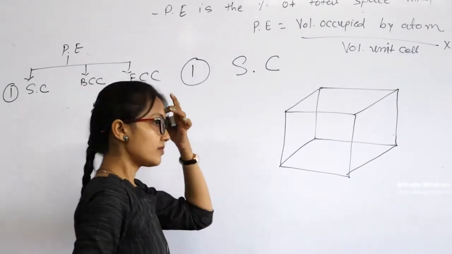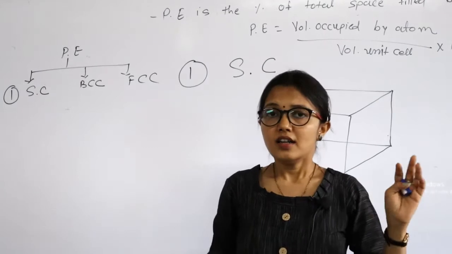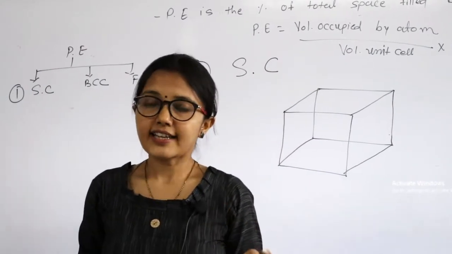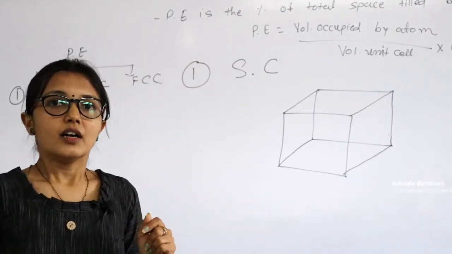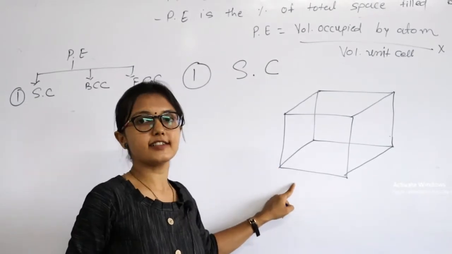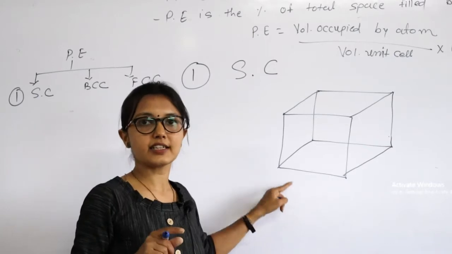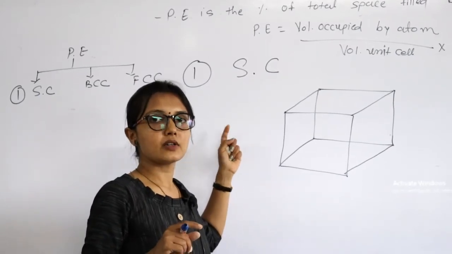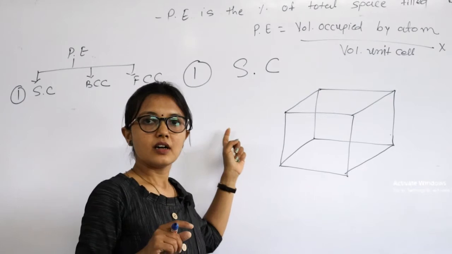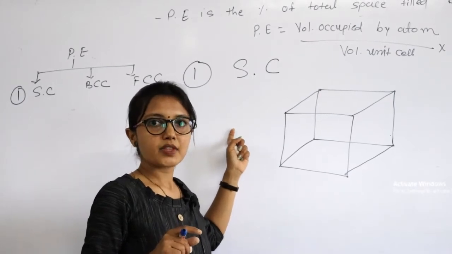And you know, in the second lecture we already studied how many total atoms are present in the simple cubic primitive unit cell.